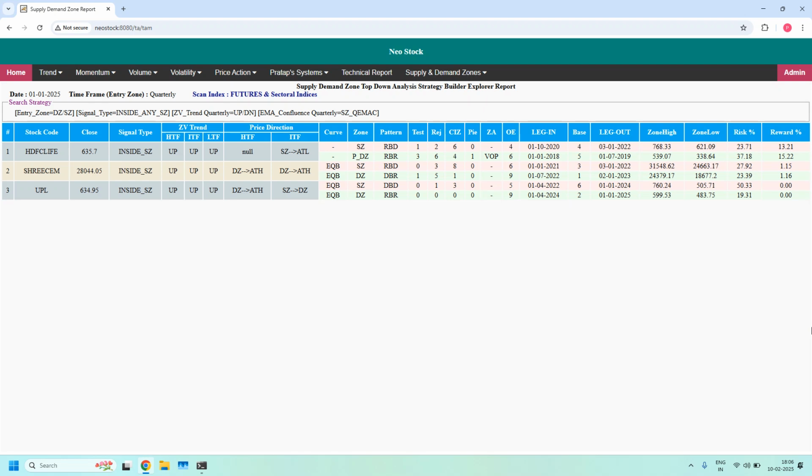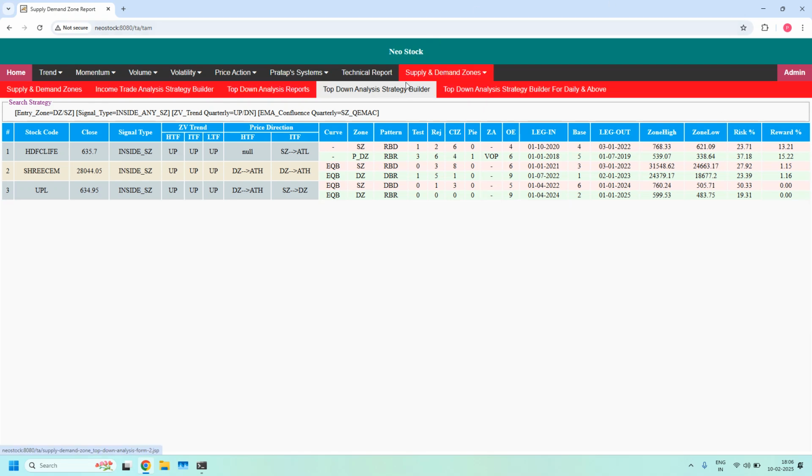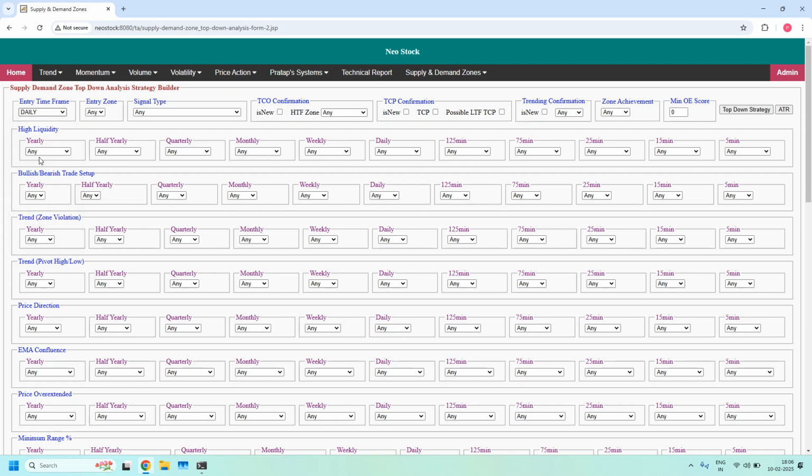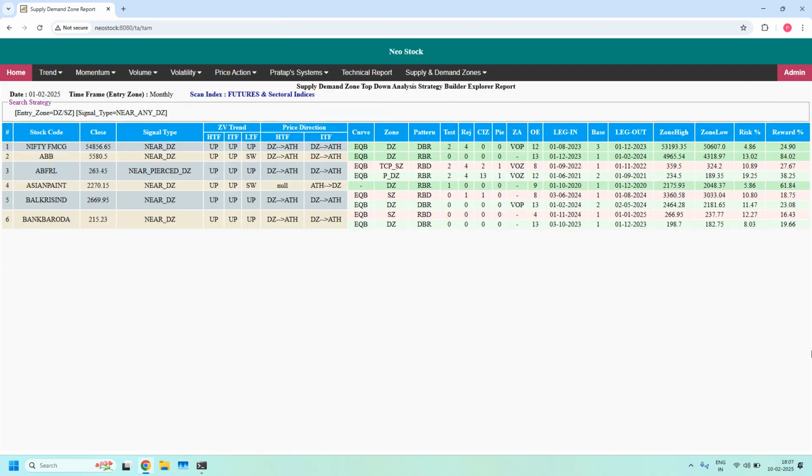So this is about the quarterly time frame. Next time frame is monthly. For monthly time frame, stocks near monthly demand zone, we got 6 stocks.